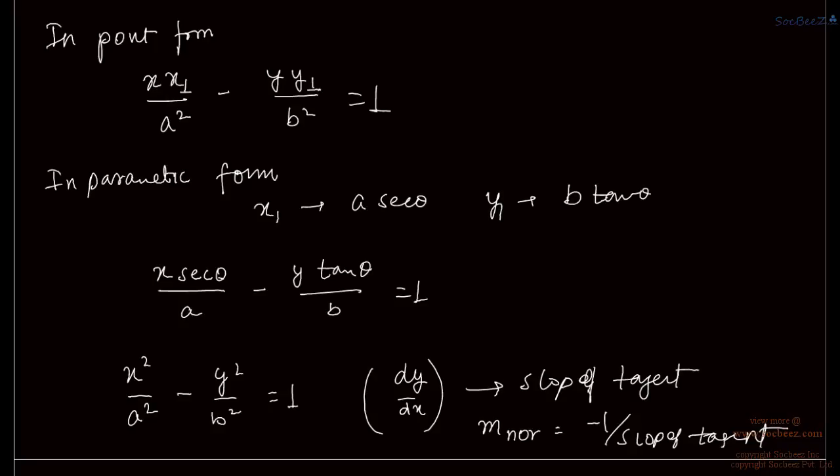So we find the slope of the normal and then substitute in the point-slope form of a straight line to get the equation of the normal. So this is all about the theory related to conic sections. Now we will be solving problems.